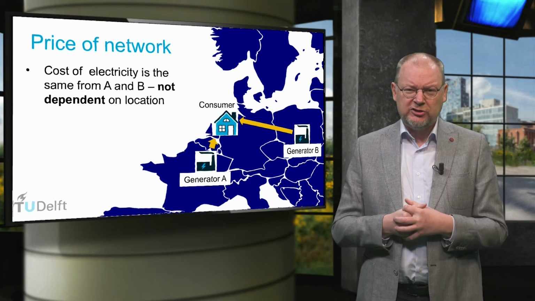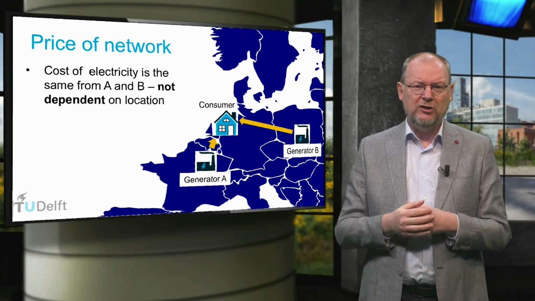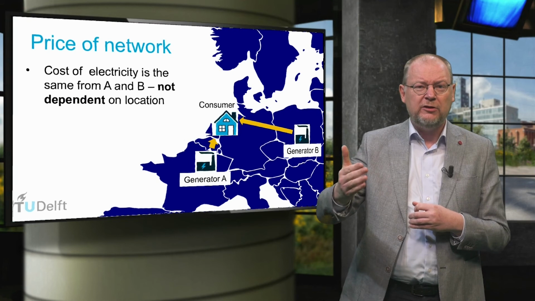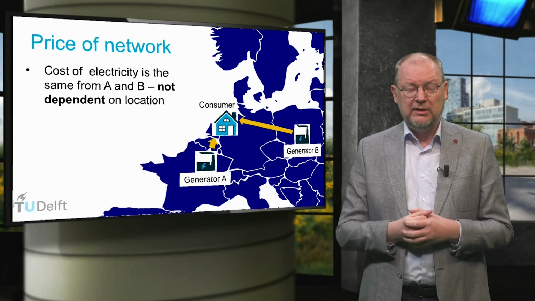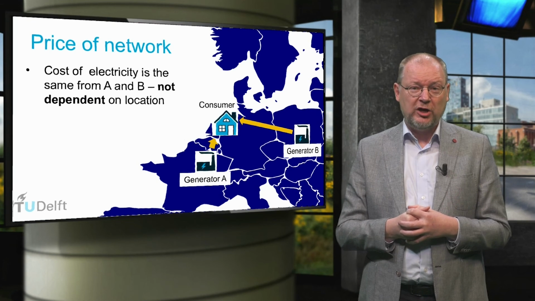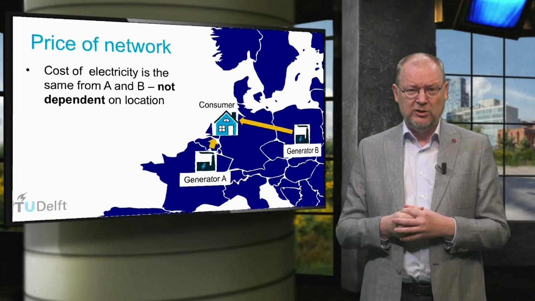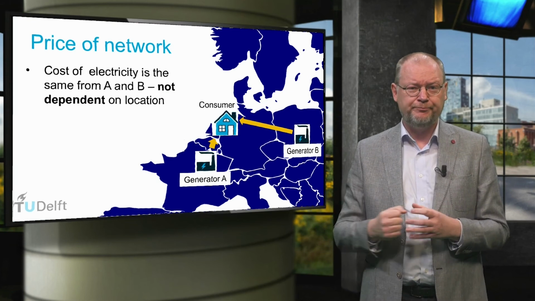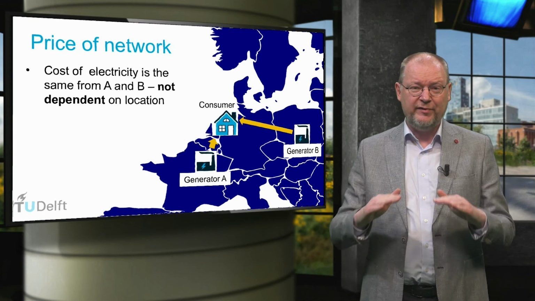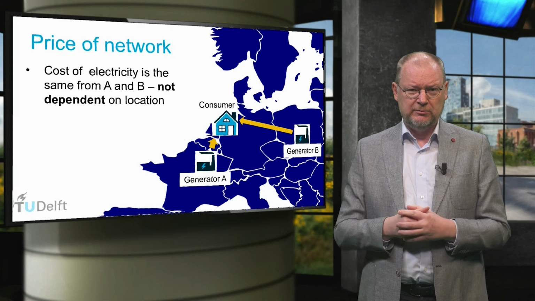However, electricity can also be generated on the other side of Europe, in which case the electricity will make huge use of the network. As said, in Europe, the network tariffs are independent from where the electricity comes from. So the costs are not dependent on the location of the generator. The tariffs are flat fees, also known as postage stamp fees.